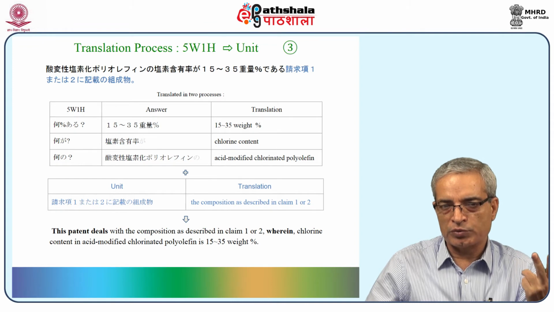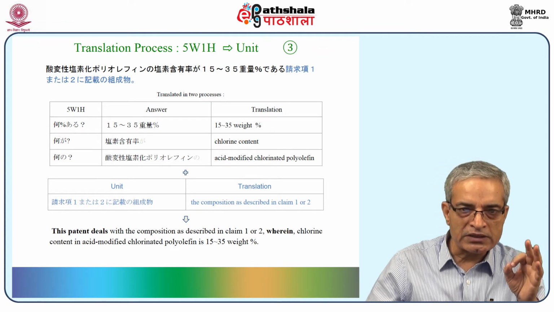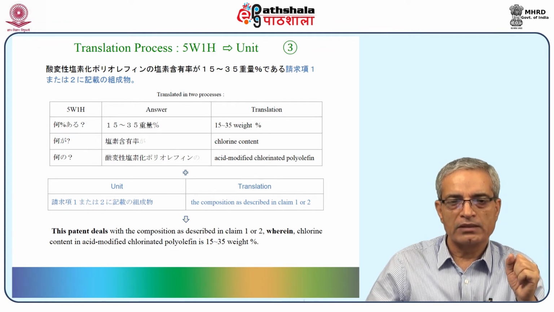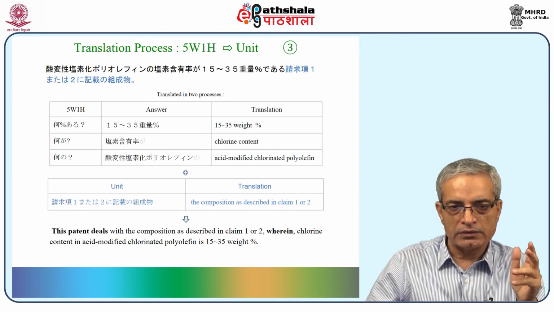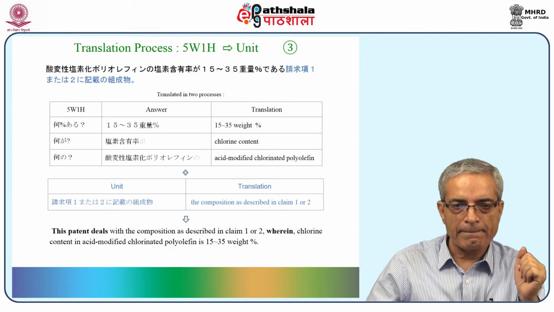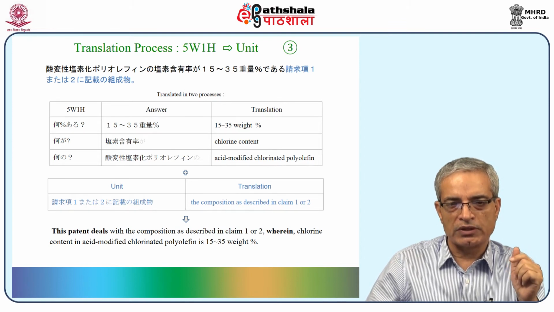So yes, Surabhi, why don't you do it complete? Okay, let me ask the questions. In this sentence, what is percent? "Jugo to jugo naishi sanjugo juryo percent. Naniga nam percent?" "Enso ganyuritsu ga."